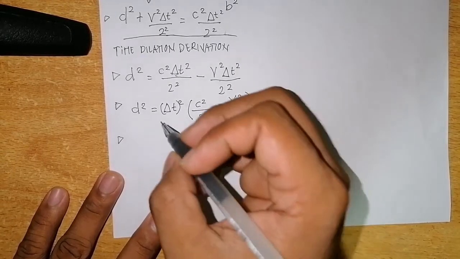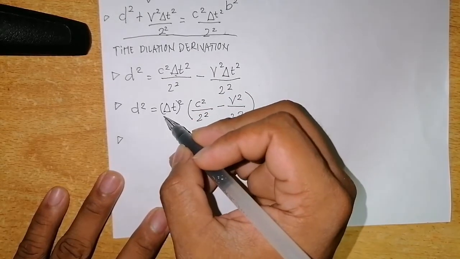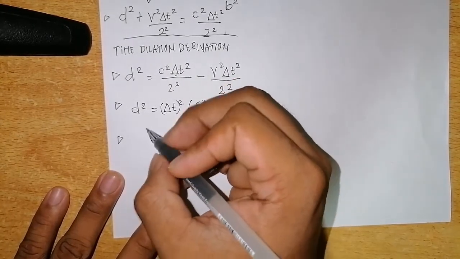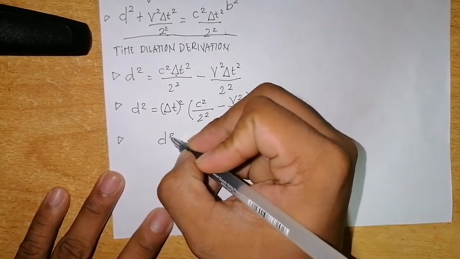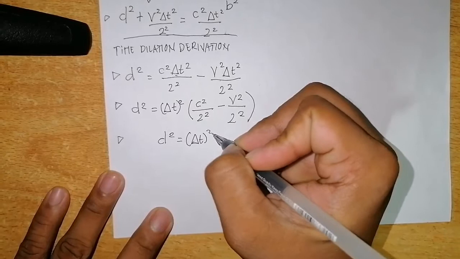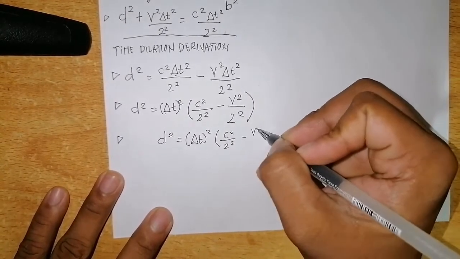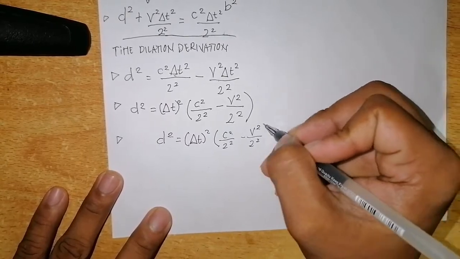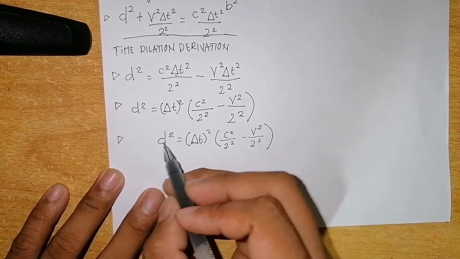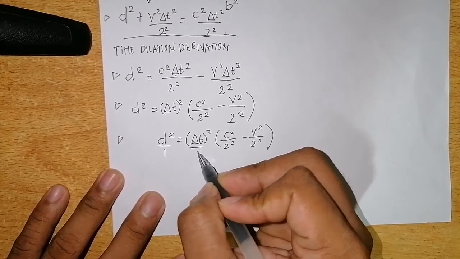So basically we rewrite our equation above: change in time squared, and we have c squared over 2 squared minus v squared over 2 squared. A whole number is already considered to have a 1 below it.